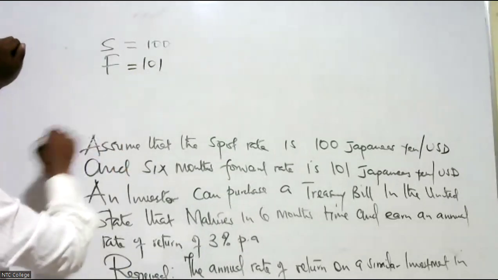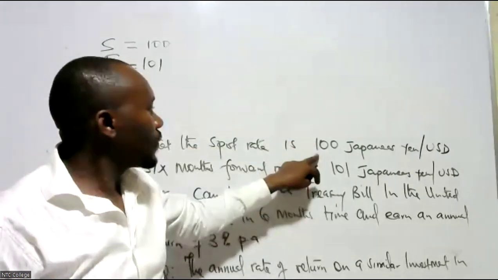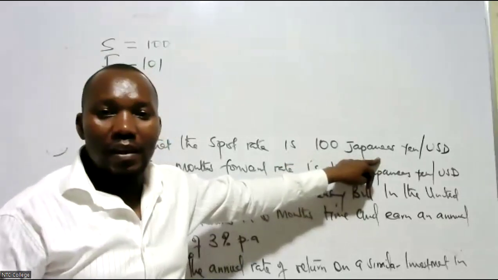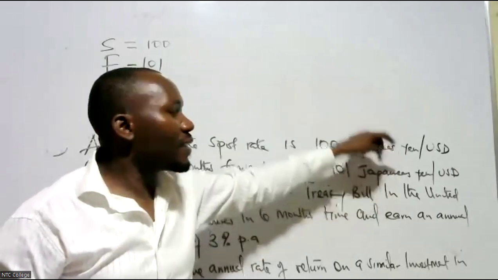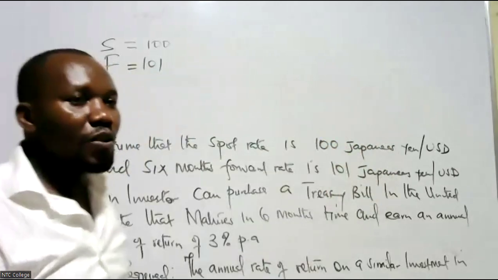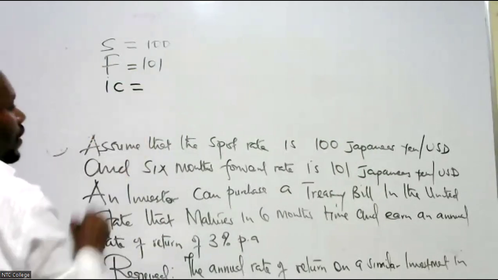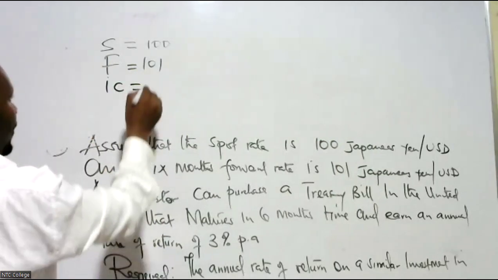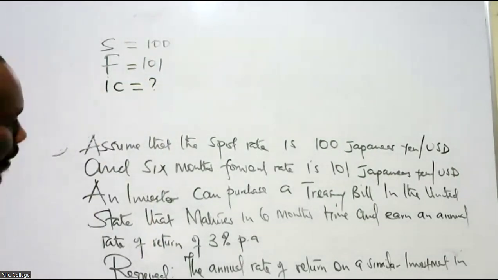According to this formula, Japanese is the one on top, US dollars is the one down, right? So country C, the interest rate in country C is not given.